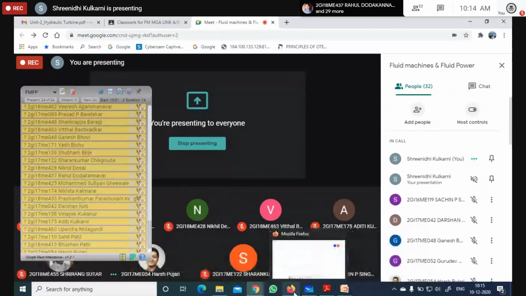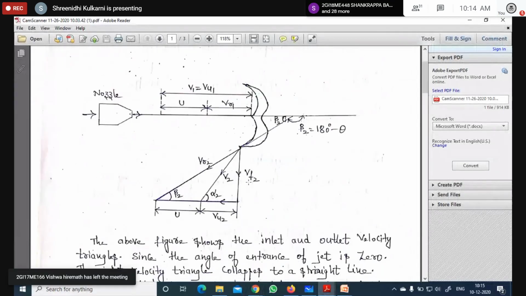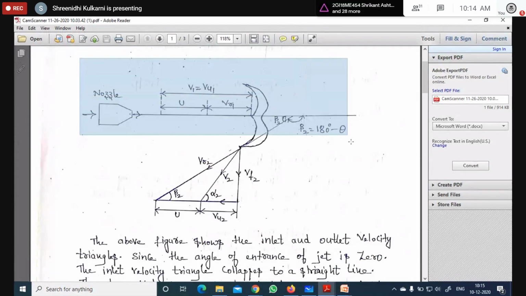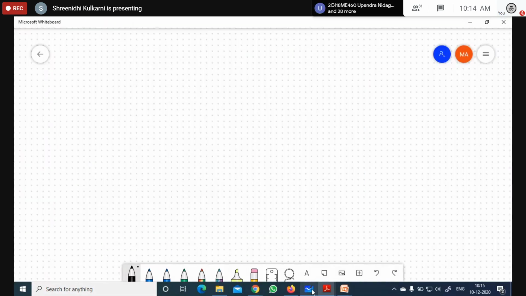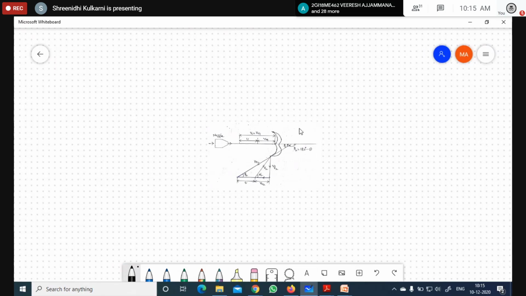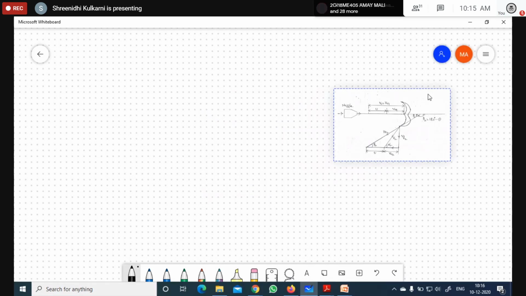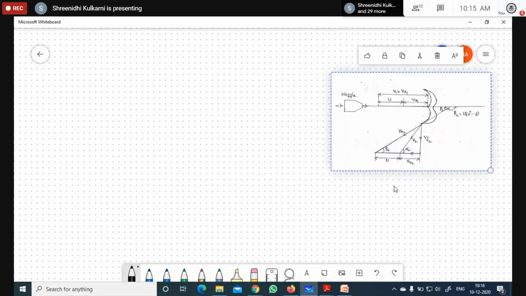So come here, you can see the velocity triangle.